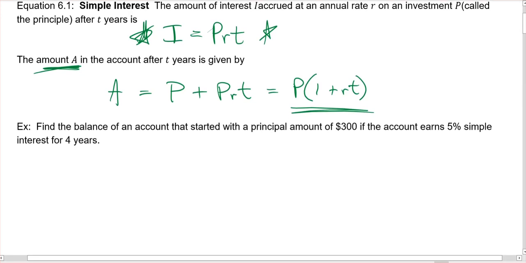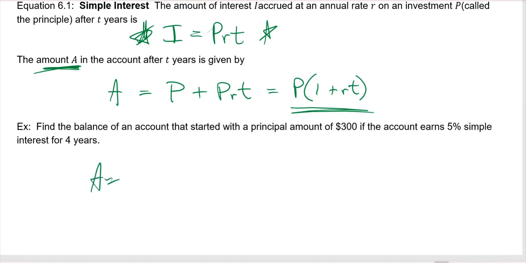Okay, so we've got a pretty easy application problem here involving that. We want the balance of an account that started with a principal of $300 if the account earns 5% simple interest for 4 years. The amount is going to be the amount that we start with, $300, plus whatever that interest is: the principal times the rate times the time in years.